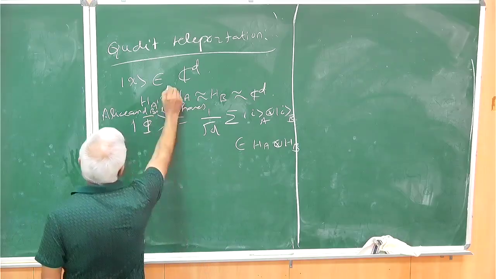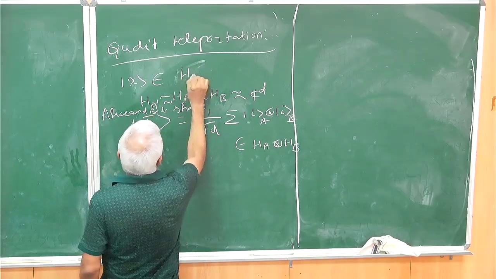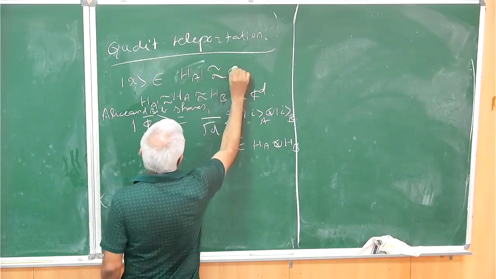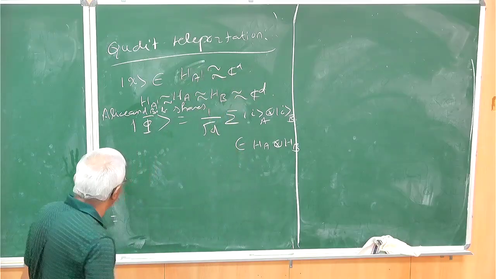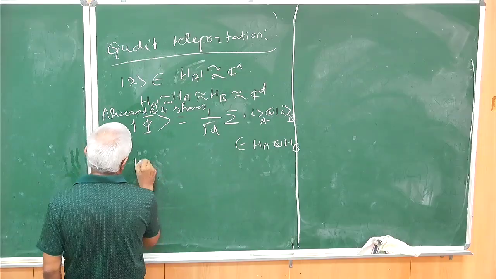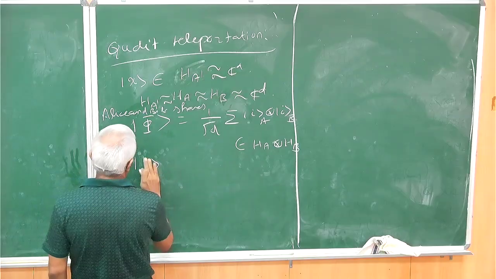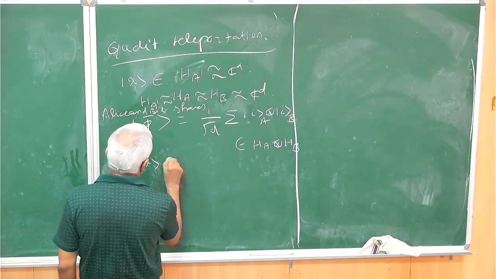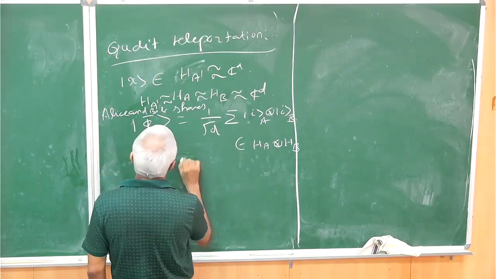Now you have a chi, which is in H_A', isomorphic to C^d. Now the system is in this state: chi tensor this.